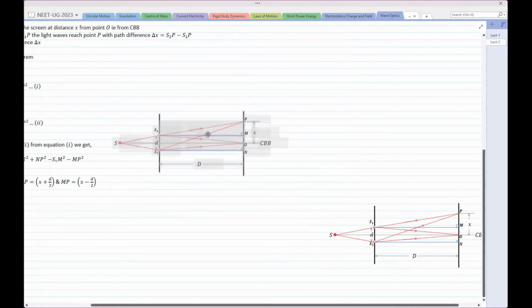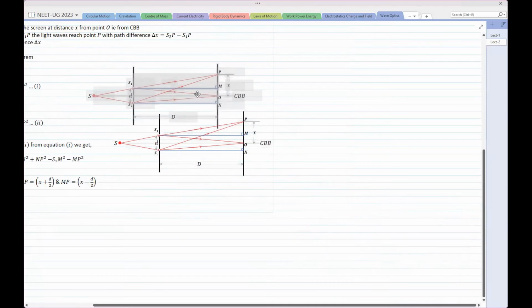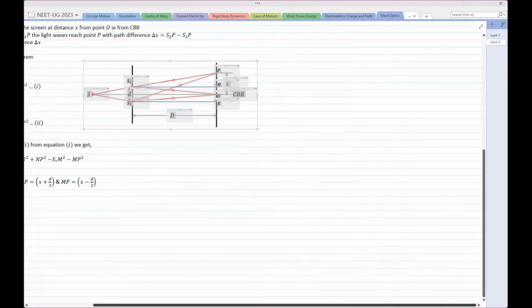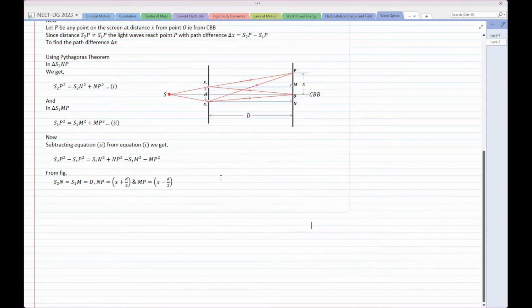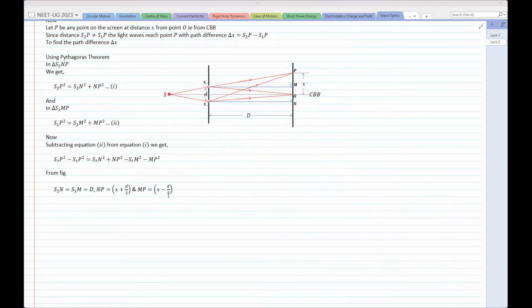Let's keep the diagram here just to check what the values are. Okay, now can you see that S2N and S1M are equal to D, and NP is equal to x plus D by 2, while MP is x minus D by 2. So if you get this, then we can substitute this in the above equation.